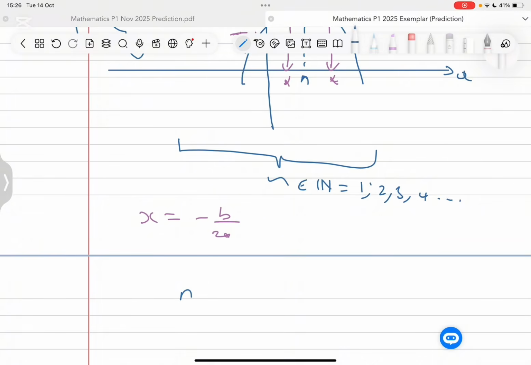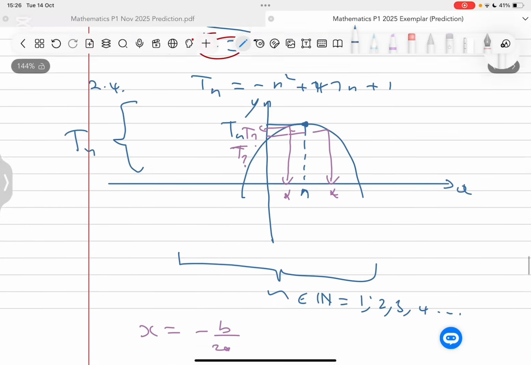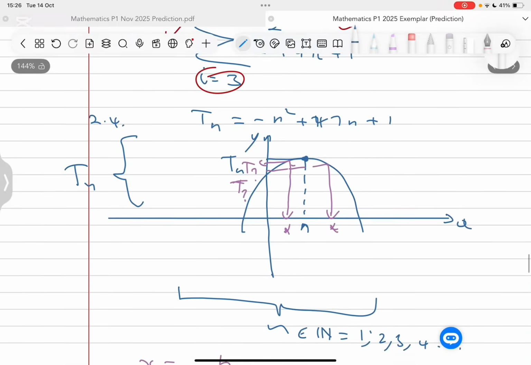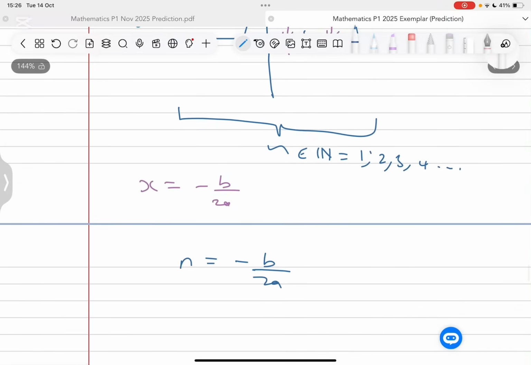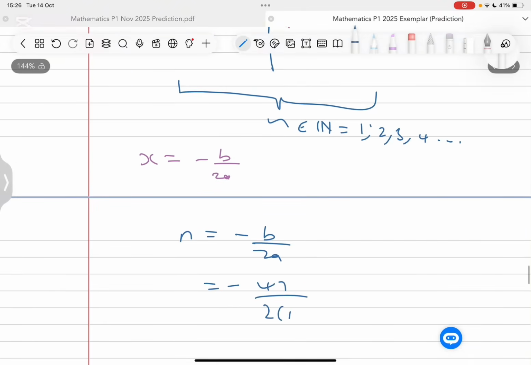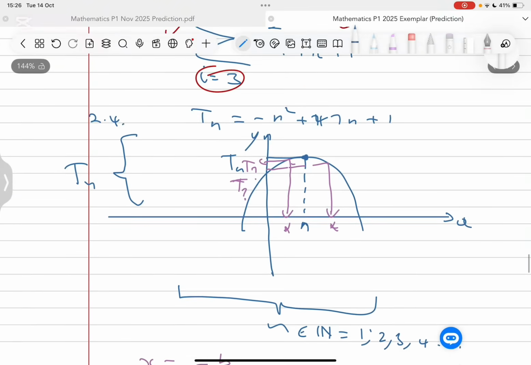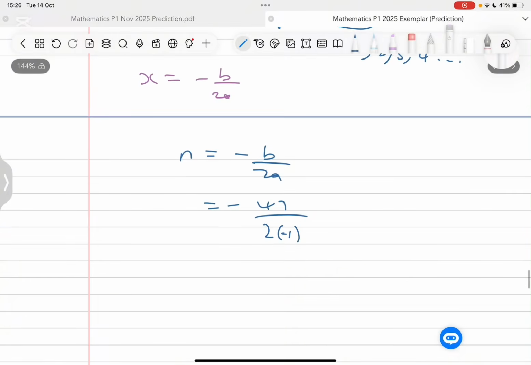So I'm looking at n where it is a maximum, which is going to be negative b over 2a. When we look at our formula, we can see that b would be 47. So here I'm going to have negative 47 divided by 2 times a, and a is negative 1.